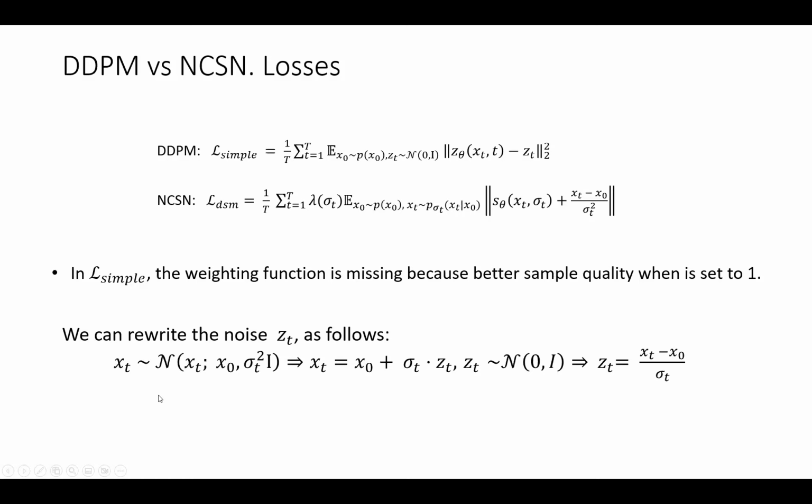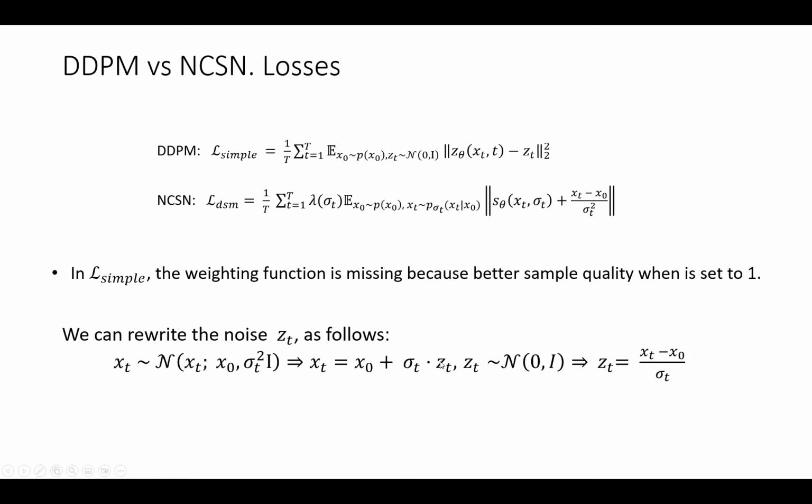So XT, as you know, is from the normal distribution with this mean and this covariance matrix. So this is a distribution. We will sample XT from this distribution. So that particular sample will become XT equal to X0 plus sigma T ZT, and ZT is a sample from the normal distribution.